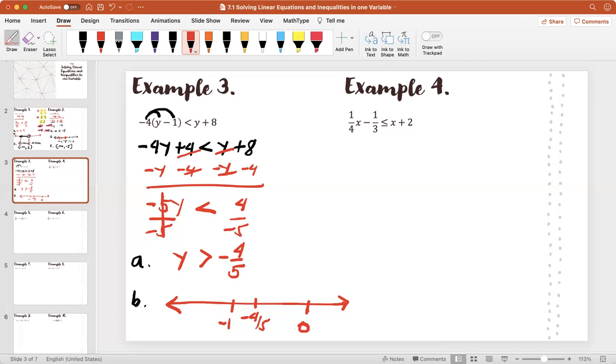Okay, negative 4/5. 4/5 is a proper fraction, and we know that a proper fraction is always in between 0 and 1, but this is a negative, so it should be between negative 1 and 0. What's a proper fraction again? A fraction with a smaller numerator. When your numerator is smaller than your denominator, then that fraction is found in between 0 and 1 for positive.